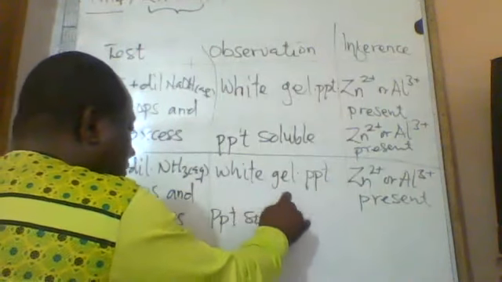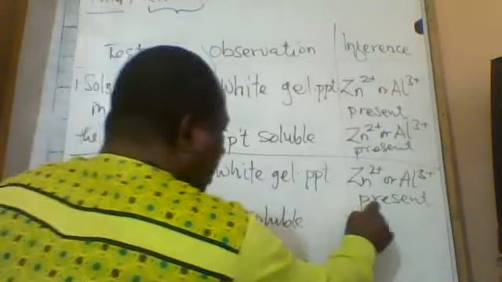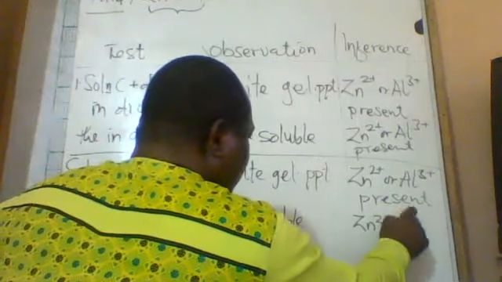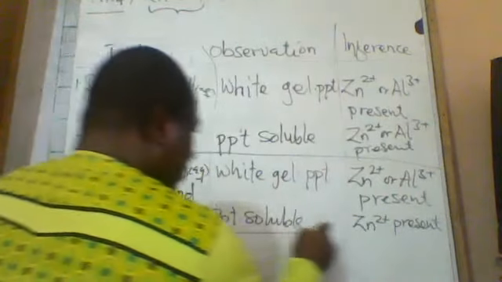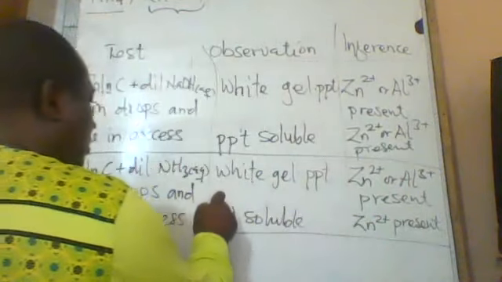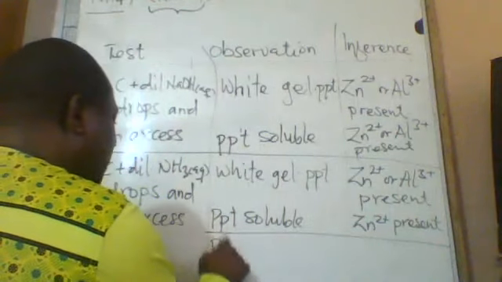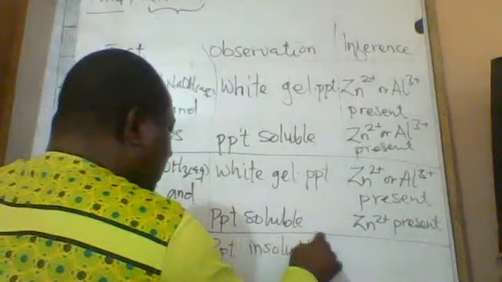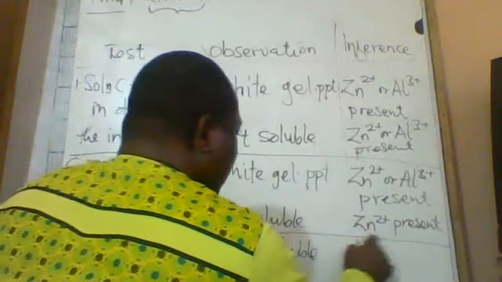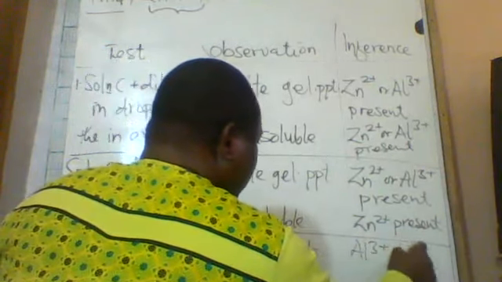PPT soluble, if Zn2+ is there. Now, if the PPT is insoluble, PPT did not dissolve, then that one is Al3+, which is present.